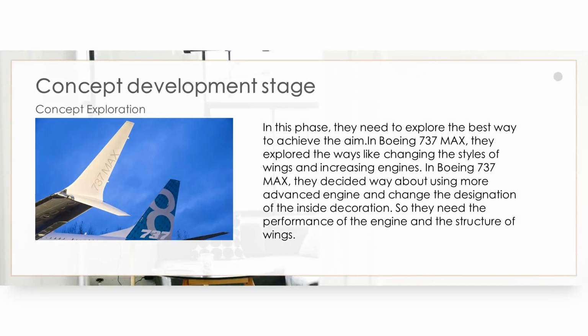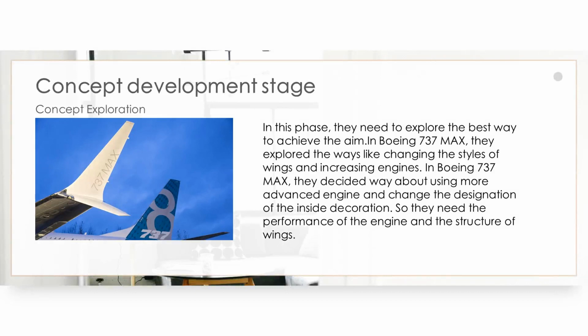In this phase, they need to explore the best way to achieve the aim. In the Boeing 737 MAX, they explored ways like changing the style of the wings and increasing engines.